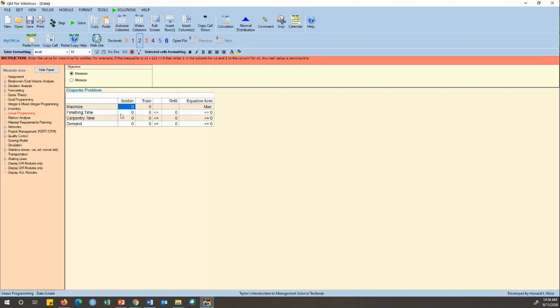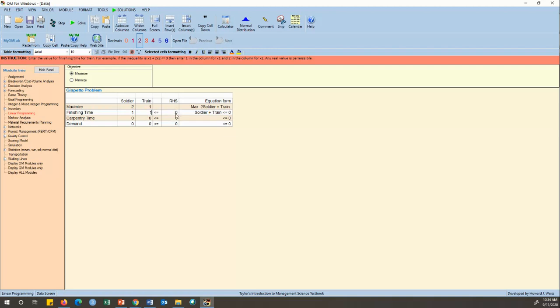So you can just simply put your soldiers as 2 and your train as 1. You can see over here your equation form becomes like that. Similarly for your constraint 1, your soldier is 1 and your train becomes 1.